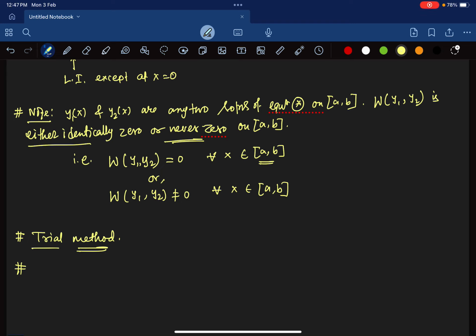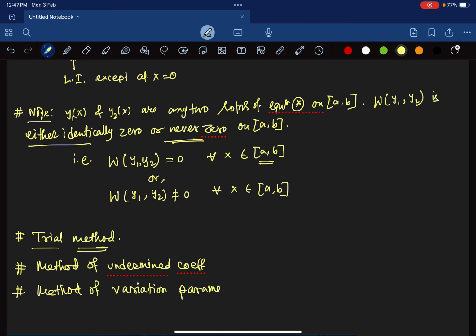Then you have the method of undetermined coefficients and the method of variation of parameters. So for the first case, the trial method with e power mx, we'll do the trial by e power mx. So let's start with e power mx.